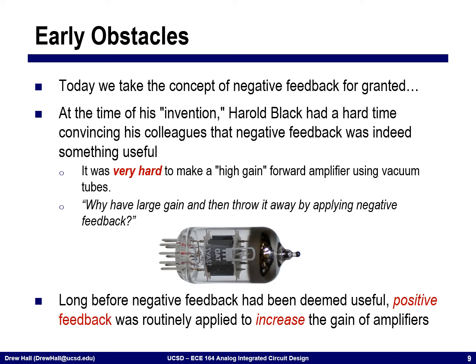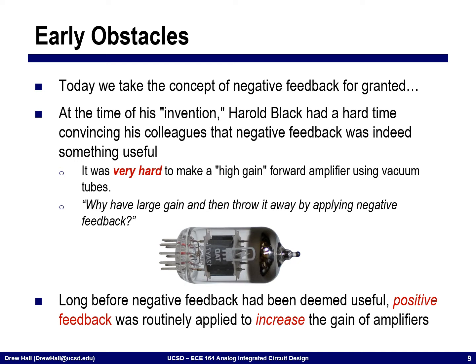Today we really take the idea that we can have a lot of gain for granted. If we go back 80 plus years and think about what was happening in 1927 when Harold Black conceived the idea of negative feedback, he had a very difficult time convincing people that this was a useful technique. This really stems from the fact that the devices they had back then were vacuum tubes.